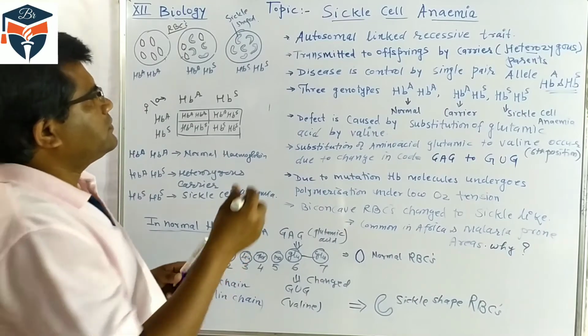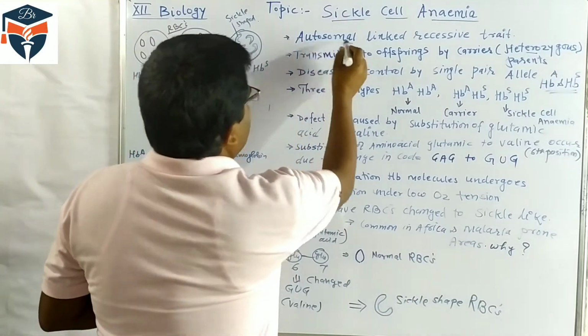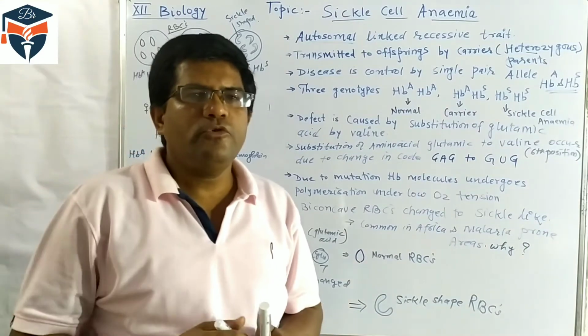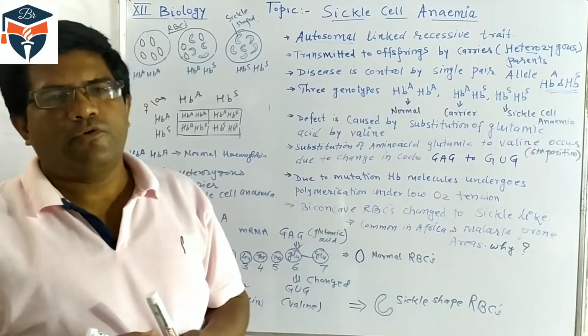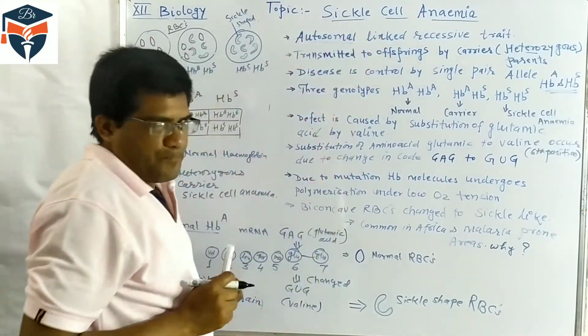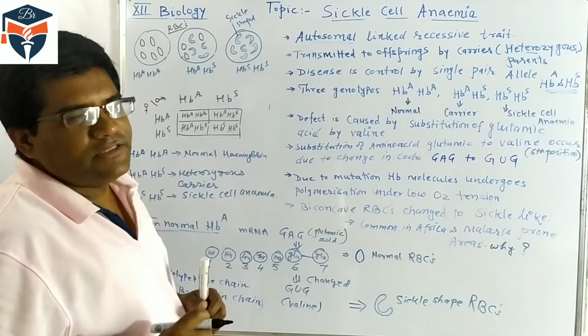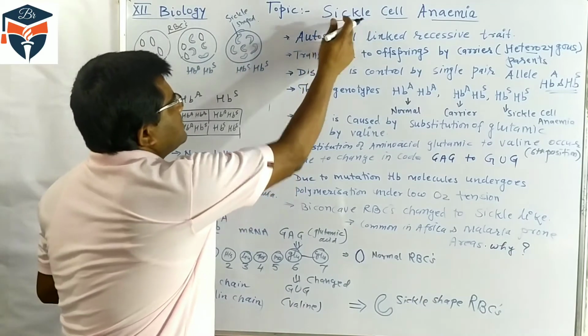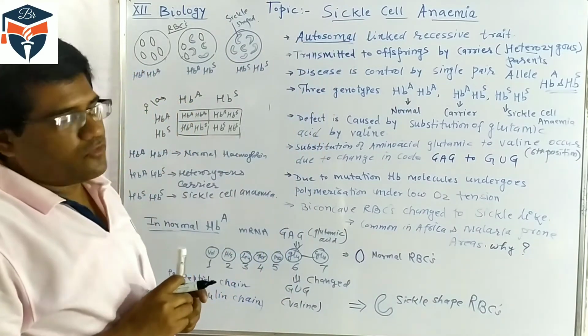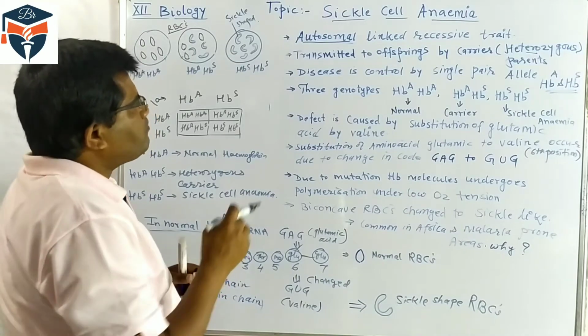Students, it is an autosomal disorder. Autosomal means there are two types of chromosomes, sex chromosomes and autosomal chromosomes. The gene of sickle cell anemia is a hereditary disease, and the gene occurs on an autosomal chromosome. So it is called autosomal.